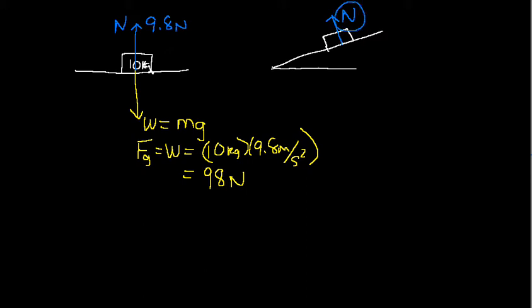This is going to become less than 98. In fact, as you raise your platform up through an angle, this normal force is going to go down and get smaller and smaller until it becomes so small that the force of friction is too small and the box will start to slide down the plane. So we'll discuss this type of thing in the next video.